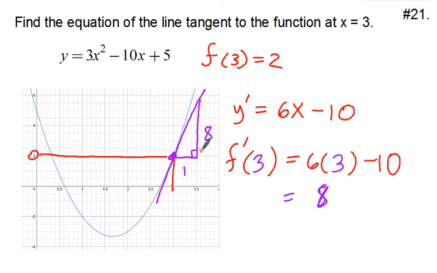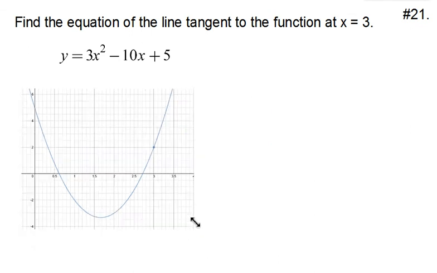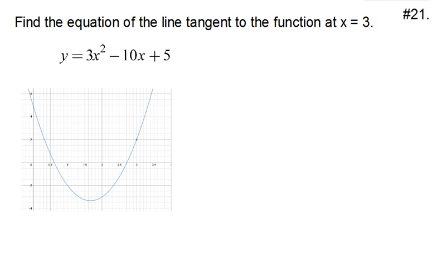Okay. Now from this, we should be able to figure out the equation of the tangent line. Okay, so summarizing, we have the point (3, 2), and we know that the slope is 8.